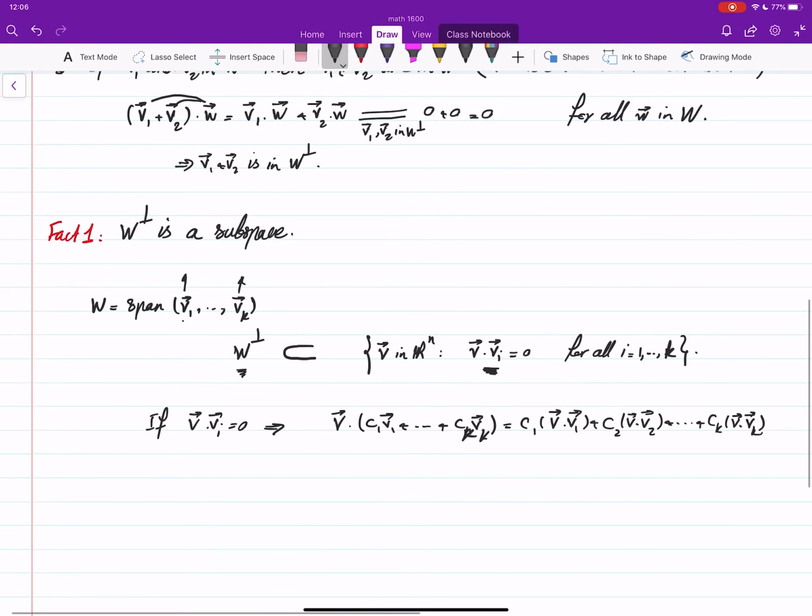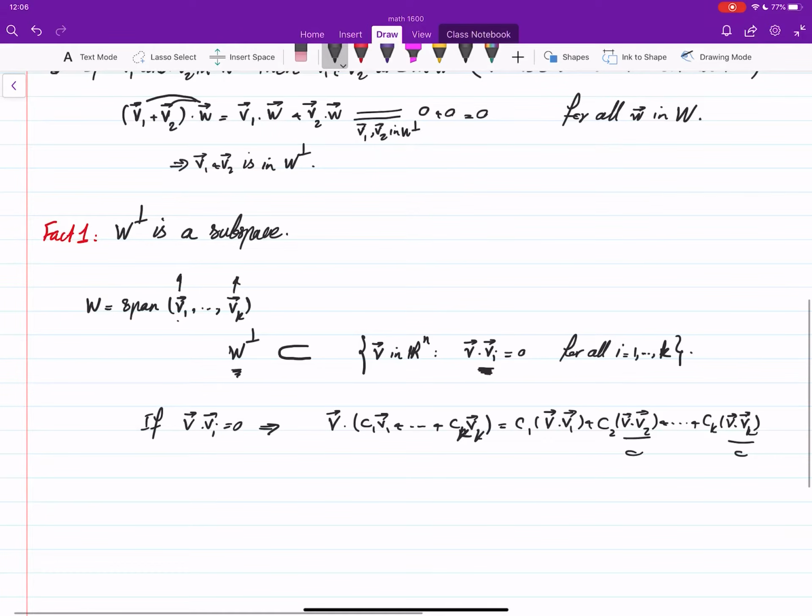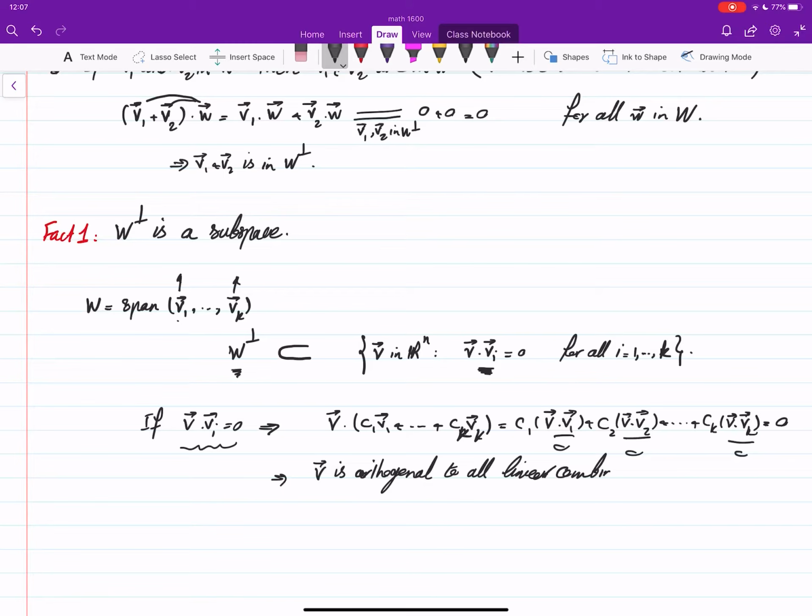And since each one of these is 0, this is 0, this is 0, this will be equal to 0. So what we showed is that if v is orthogonal to all vi's, then v is orthogonal to all linear combinations of v1 up to vk.